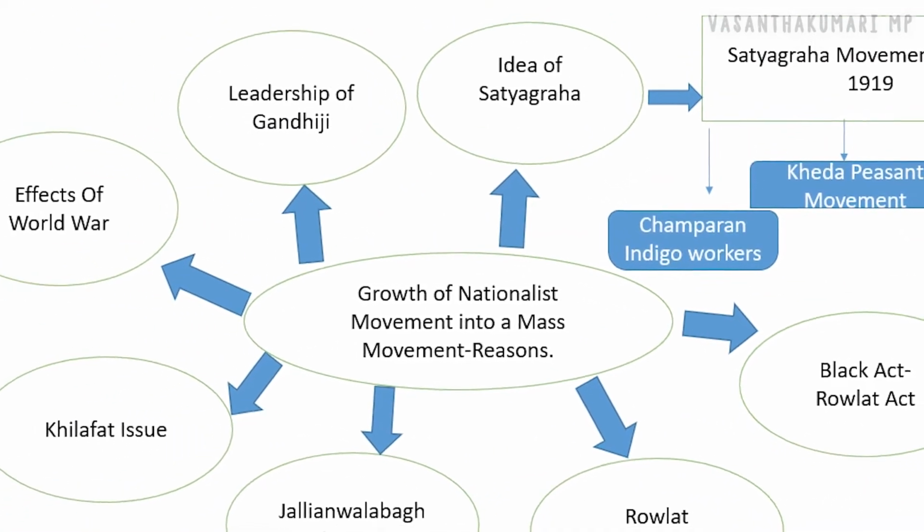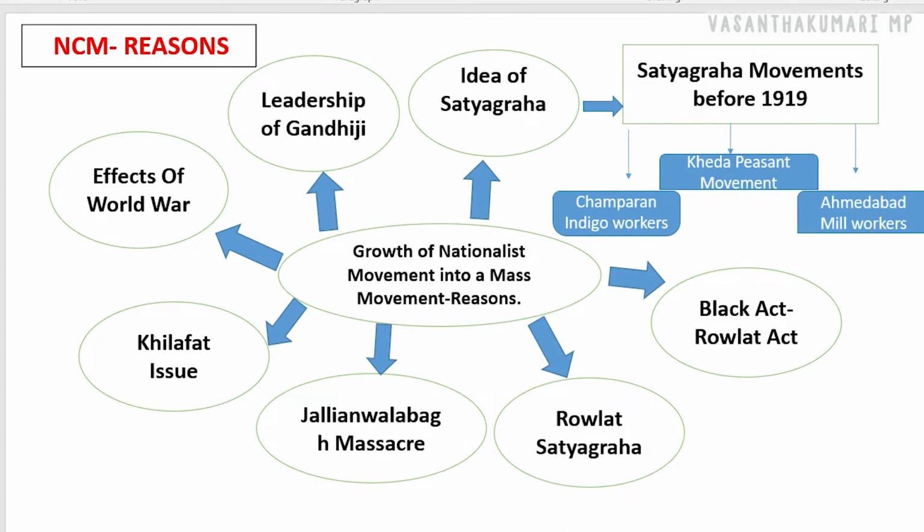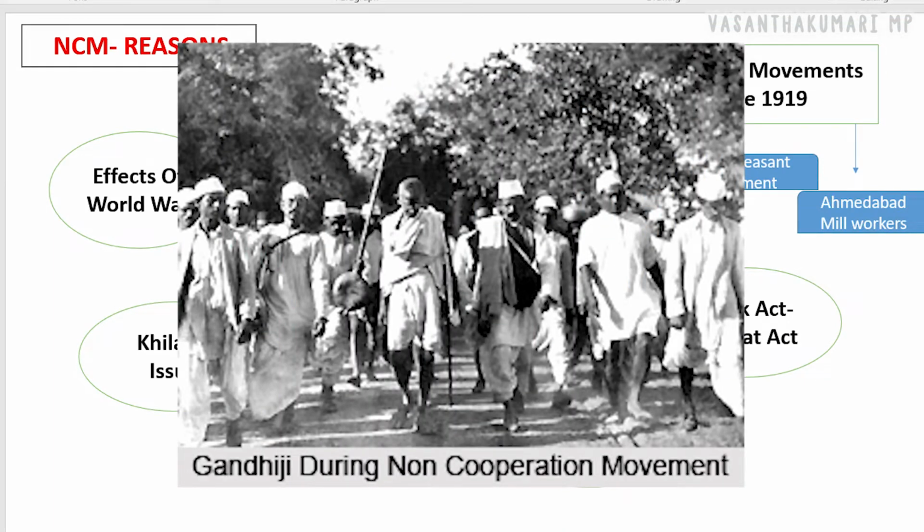The factors that led to the emergence of nationalism in India indirectly paved the way for the outbreak of the non-cooperation movement, the first mass movement. So, both the factors led to the growth of the national movement into a mass movement, and the reasons for the non-cooperation movement are the same.